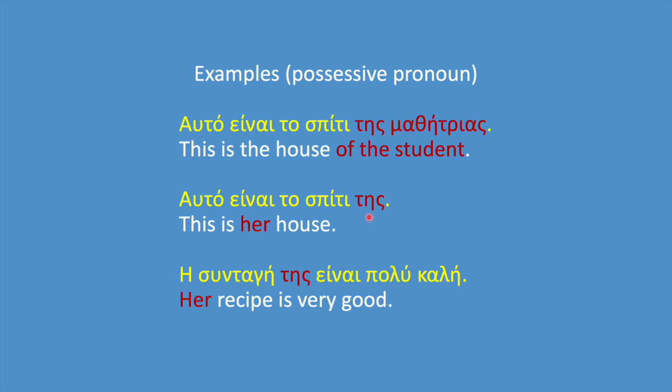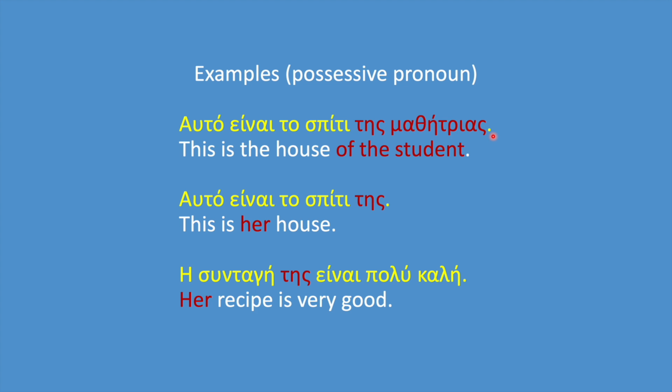Finally, the form της is also used as a possessive pronoun. This applies only to this form, της. We had this example earlier. Αυτό είναι το σπίτι της μαθήτριας. This is the house of the student. This sentence shows possession.